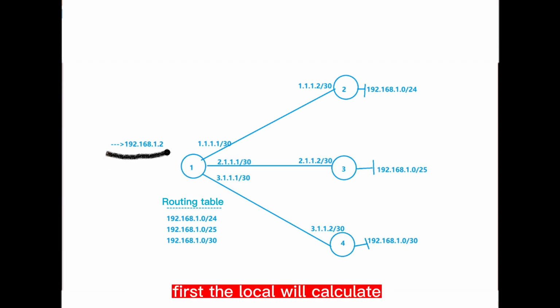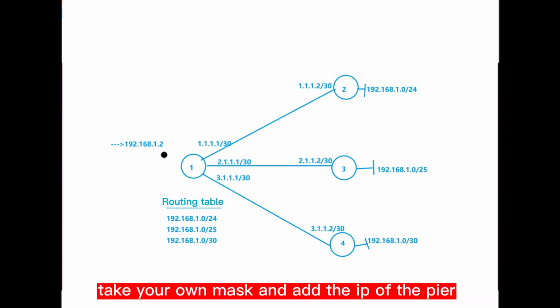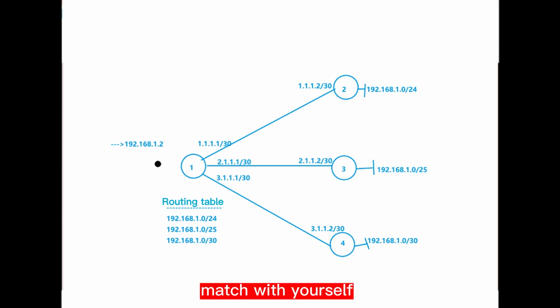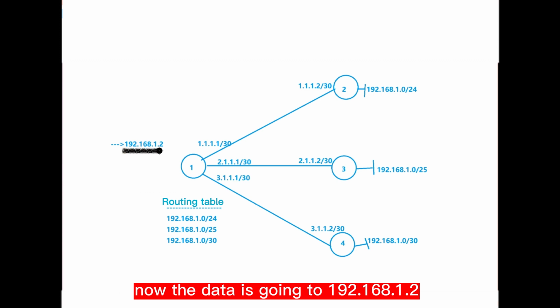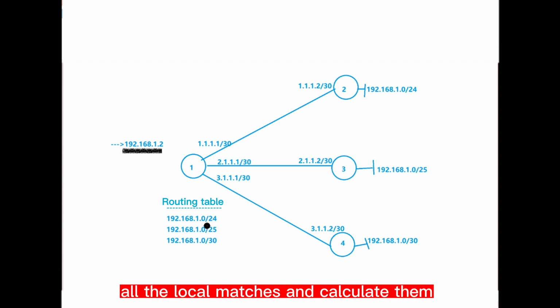First the local device will calculate. When we talked about ARP before, we said to take your own mask and add the IP of the peer and match with yourself. Router 2: now the data is going to 192.168.1.2. It will take out all the local matches and calculate them.